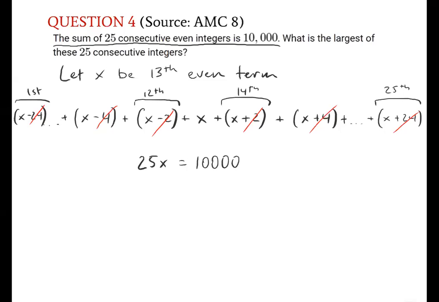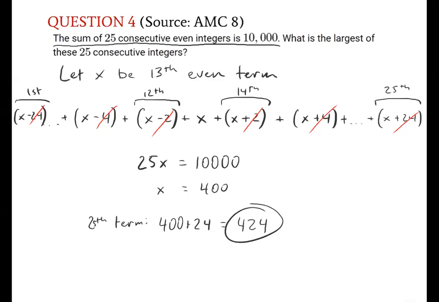So now we can solve for x. We'll find that x is equal to 400. And that means our 25th term is just equal to 400 plus 24. That will give us 424.